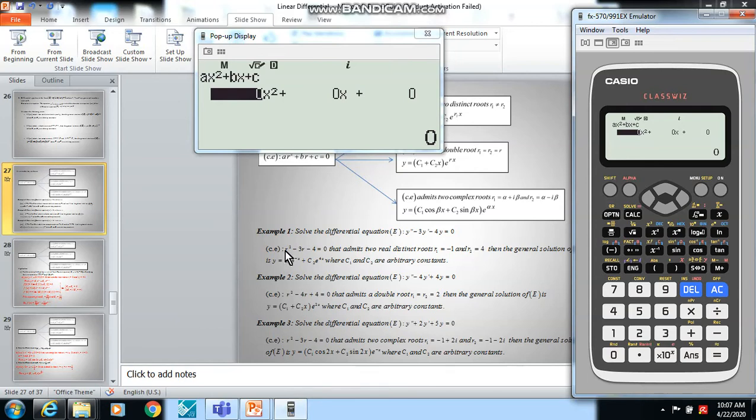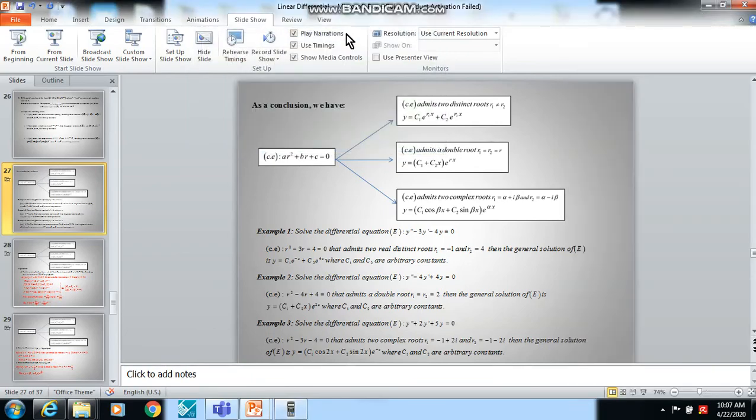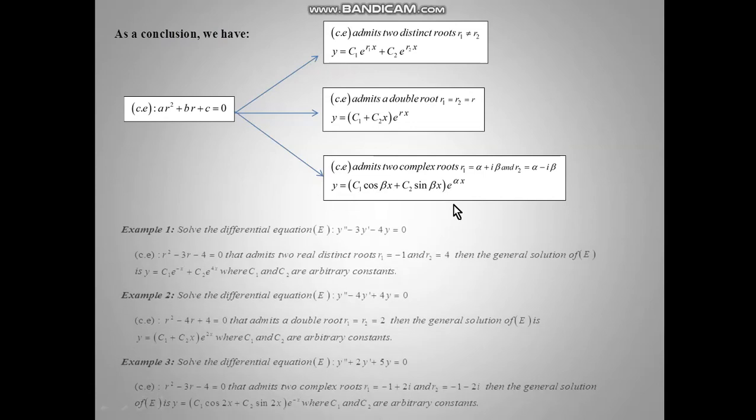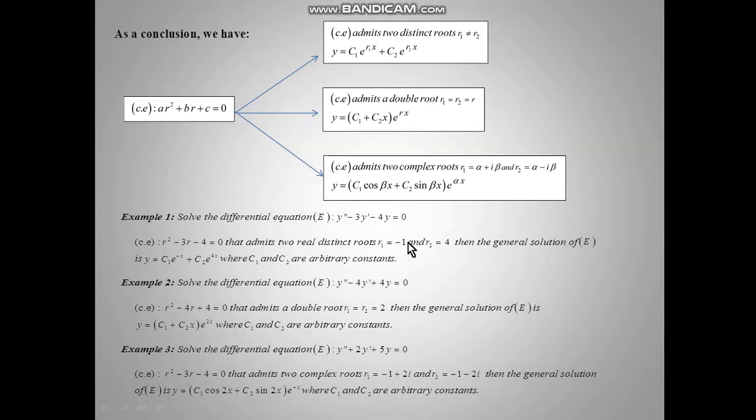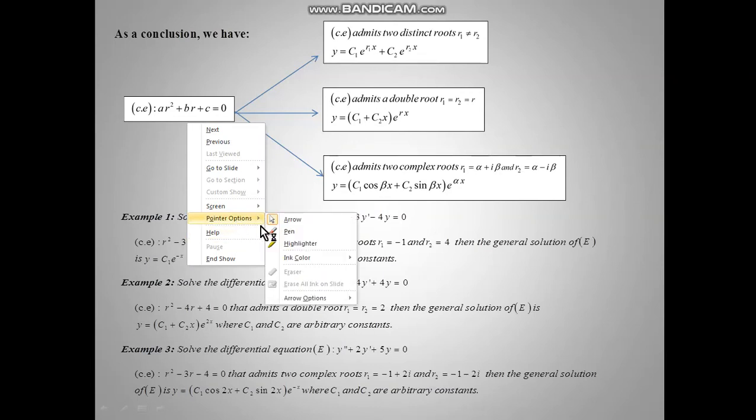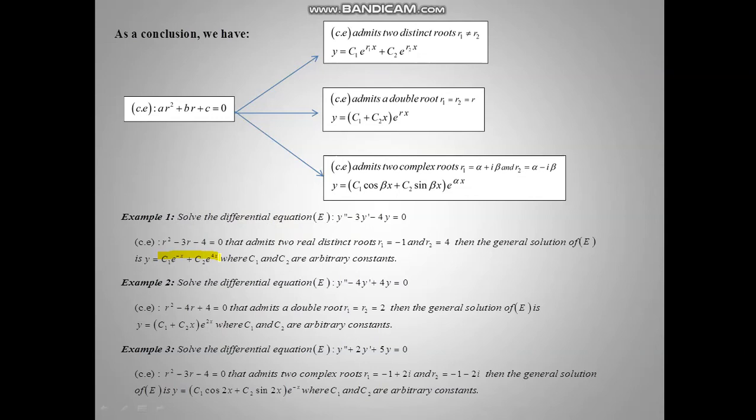We enter the coefficients 1, minus 3, minus 4. The roots are 4 and minus 1. So we write the general form of the solution: y equals c1 e to the r1 x plus c2 e to the r2 x.